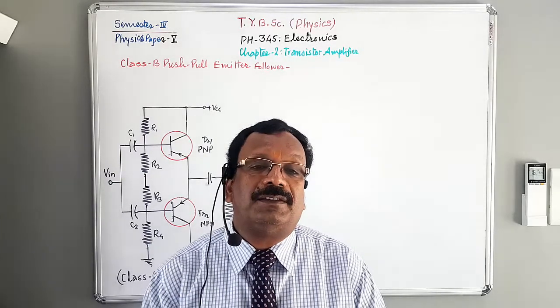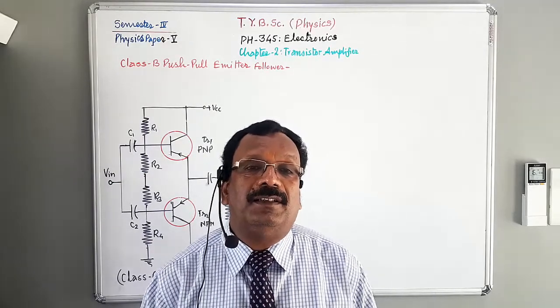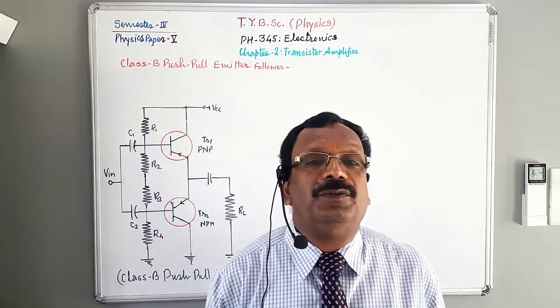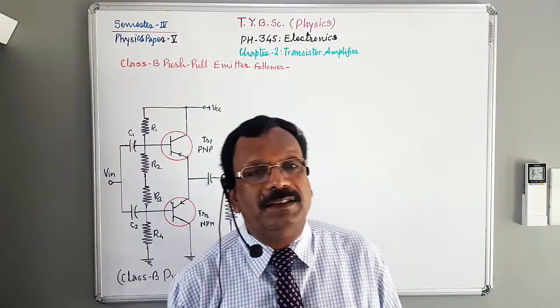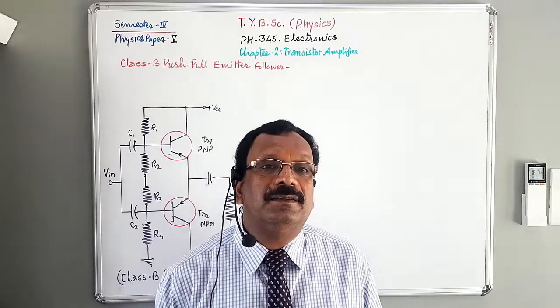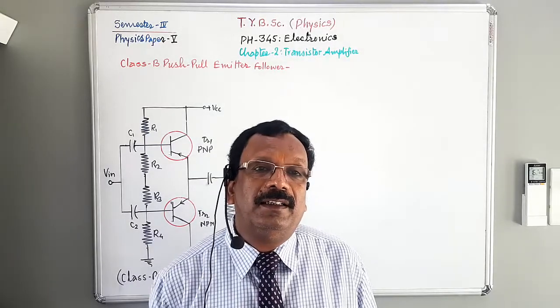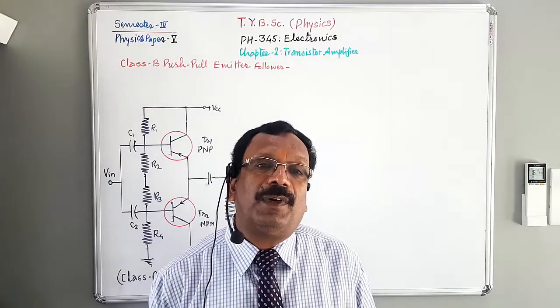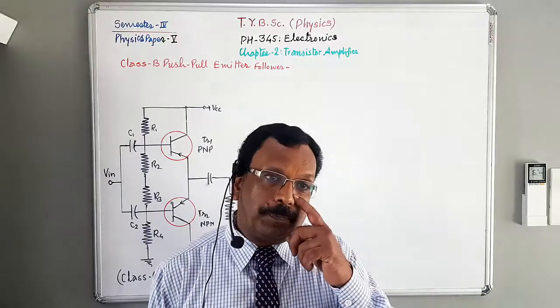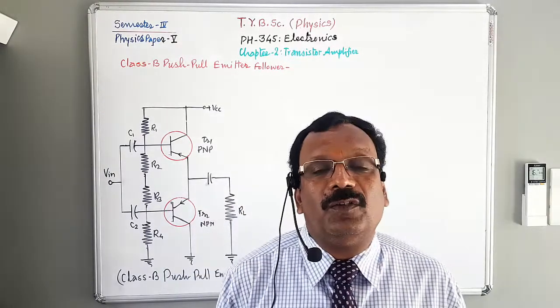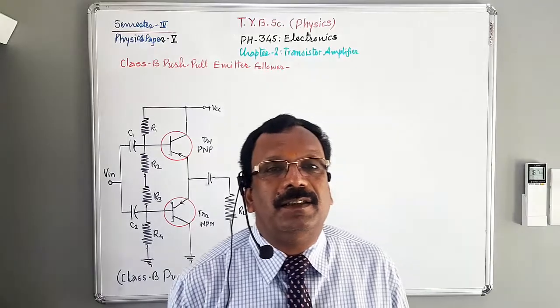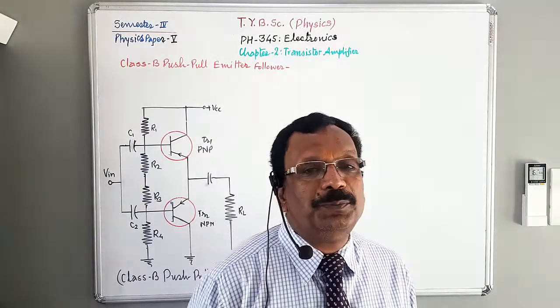So in this lecture we are going to see AC collector resistance, then duty cycle and angle of conduction for this class C operation, and later on we will see the class B push pull amplifier.